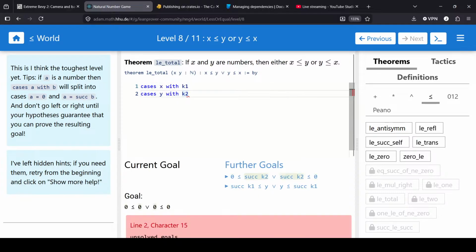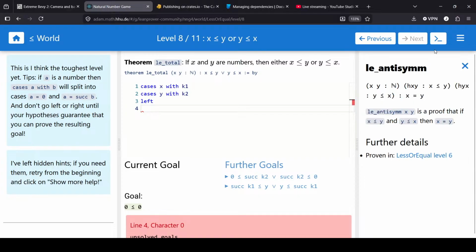Okay, let's go K1, K2. So now I can go left, and then this should be trivial by... Okay, we did also unlock le anti-sim. So I should try to remember that this exists if it is ever relevant, which I don't think it is currently.